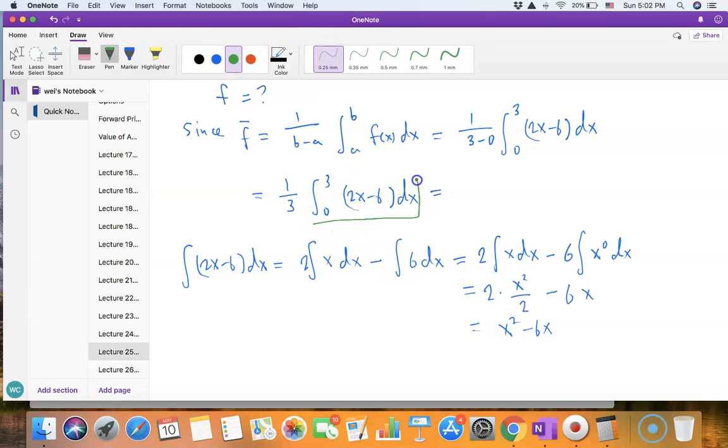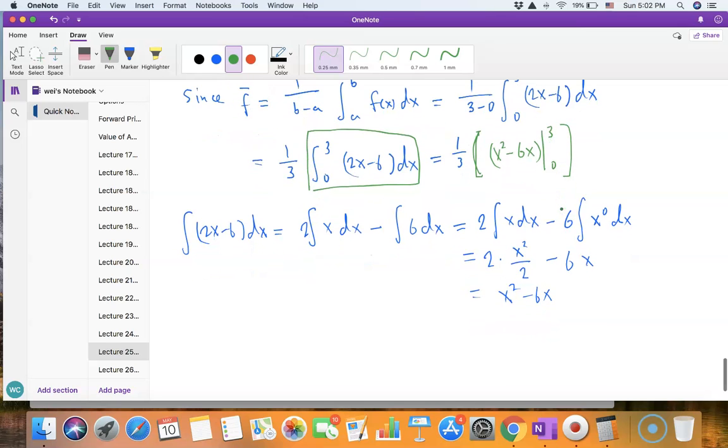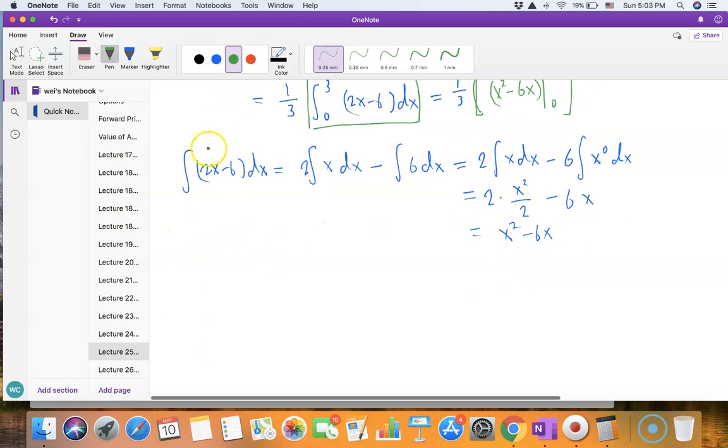So this definite integral equals x squared minus 6x, where x is from 0 to 3. Okay. So we continue from here.